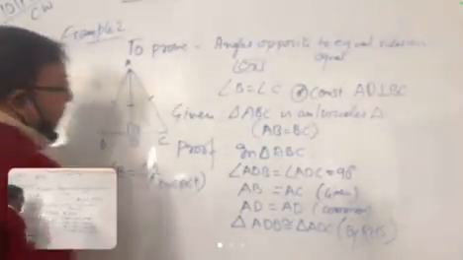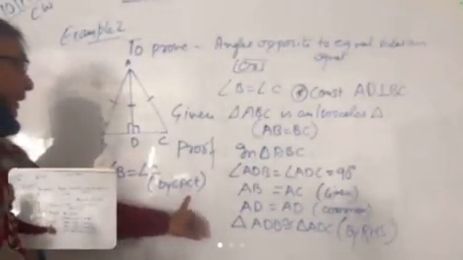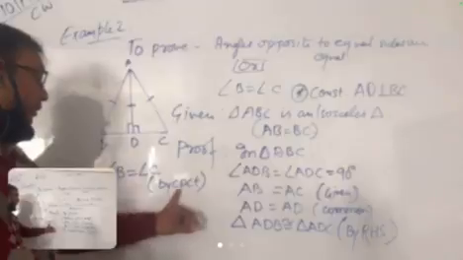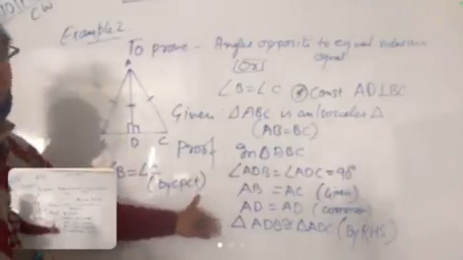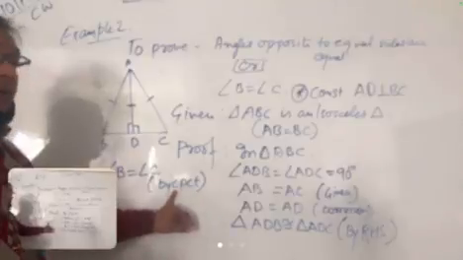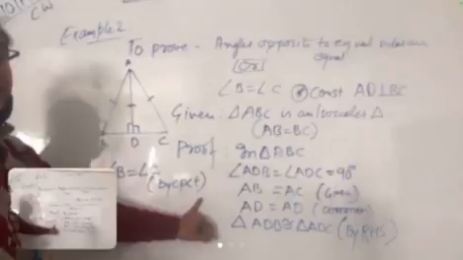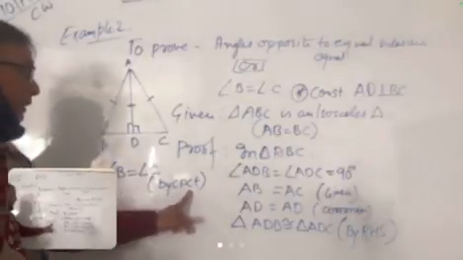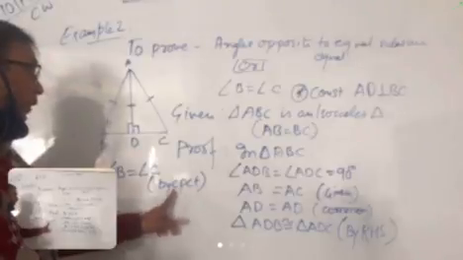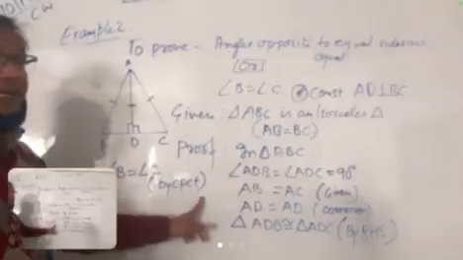Everyone must write the full form of CPCT here. Corresponding part of congruent triangle. Please write it. Everyone must write, this is the full form of CPCT: corresponding part of congruent triangle.